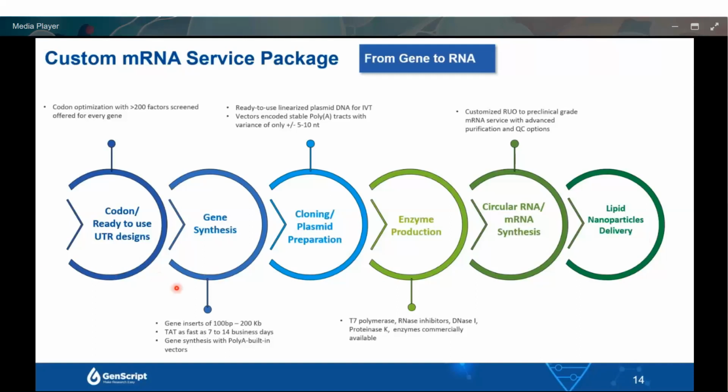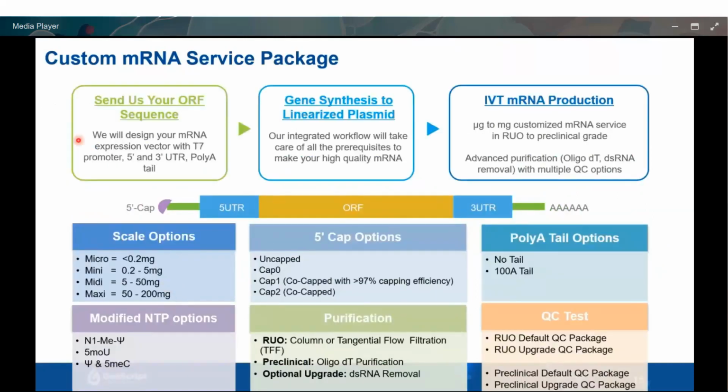So if you just send us your ORF sequence, we will design your mRNA expression vector with all these important elements. Then we will start right away from gene synthesis to linear plasmid, then IVT mRNA production.